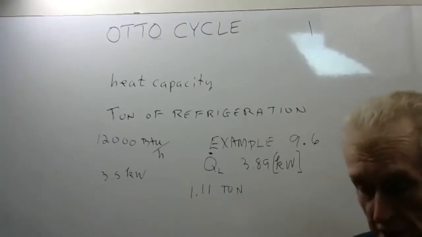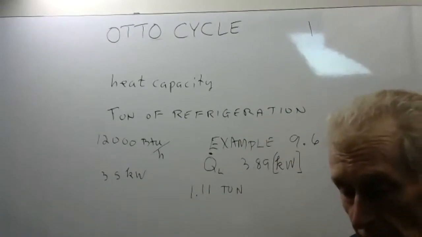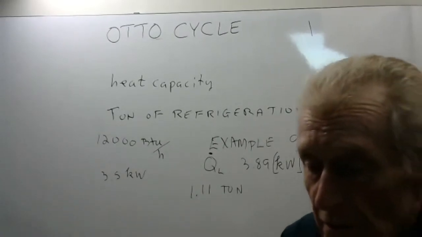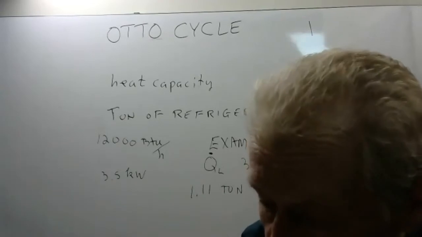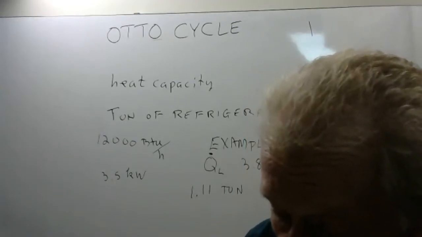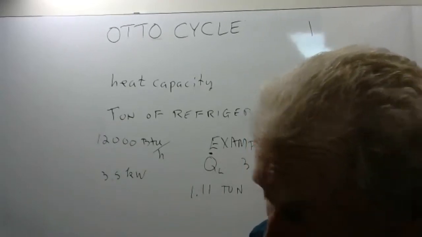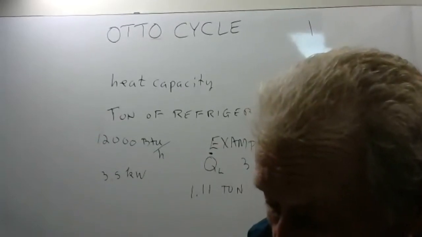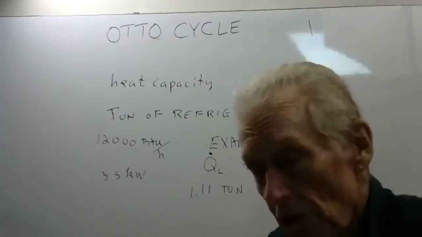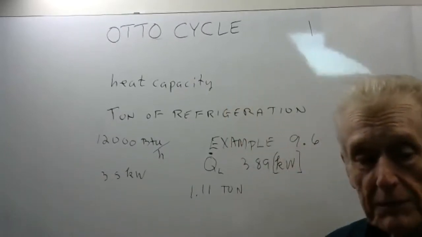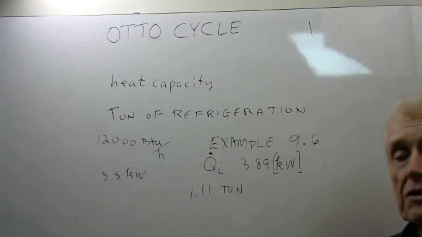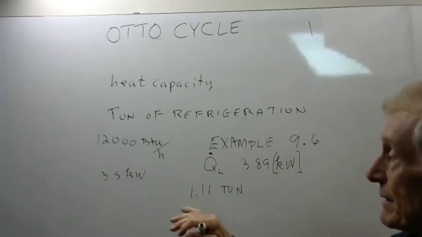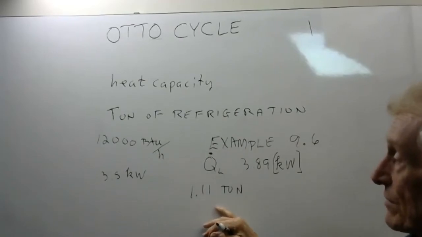I'm going to write this down that you told me. Let me scribble that down. 1 ton of refrigeration is 3.5 kilowatts.